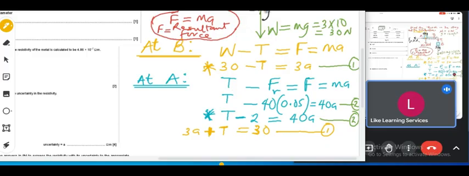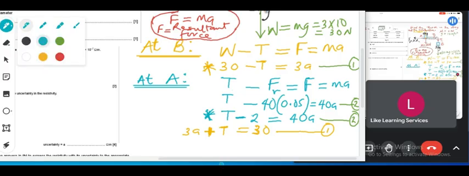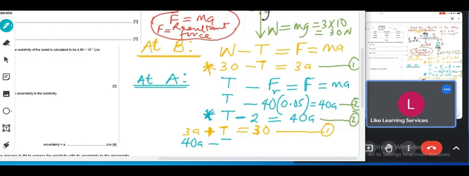Then equation 2 should be 40a minus T is equal to negative 2. That's equation 2. So let's solve these two instead.